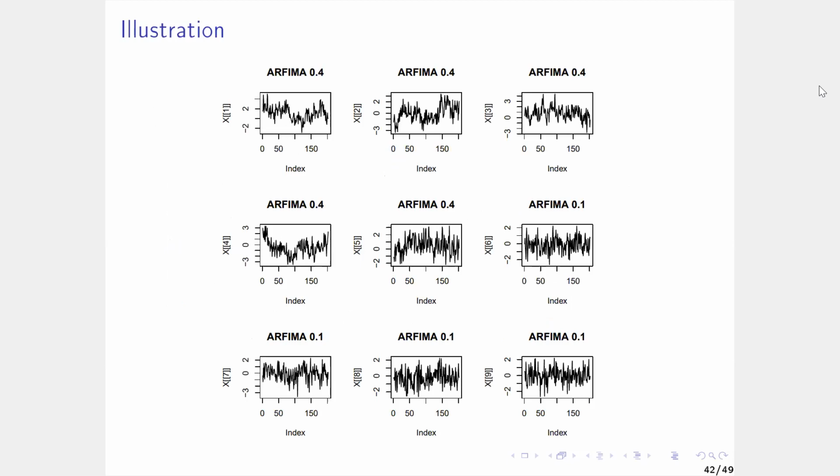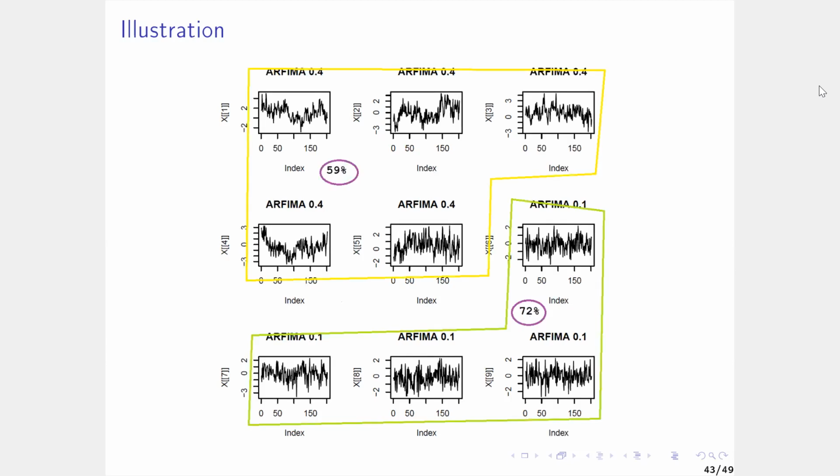So you have 2 groups. Two processes with parameter 0.4, and 5 and 4 with parameter 0.1. We want to detect which are the same, so you use the clustering method. In more than 50% of cases you find the good group here, and here in more than 70% of cases you find the good group.